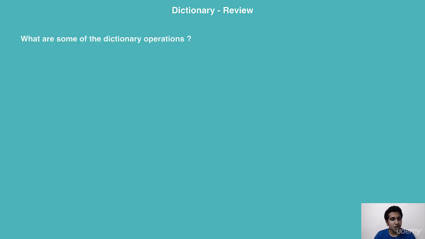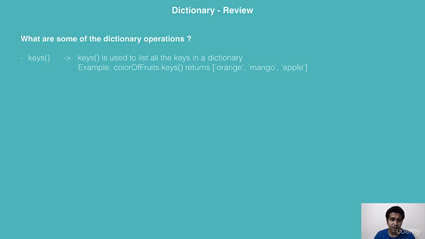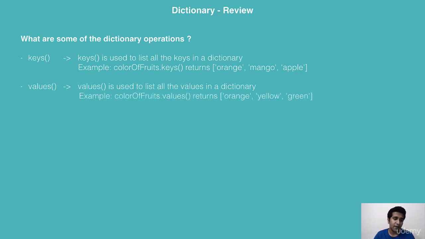And then we saw some of the dictionary operations. The first operation which we checked was the keys operation, which lists all the keys of your dictionary. And similar to keys, you also have the values operation, which lists all the values of your dictionary. And then what we saw was to delete a key value pair using the del keyword.